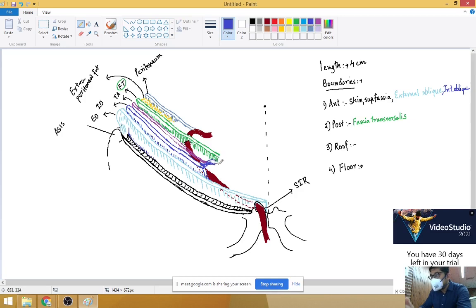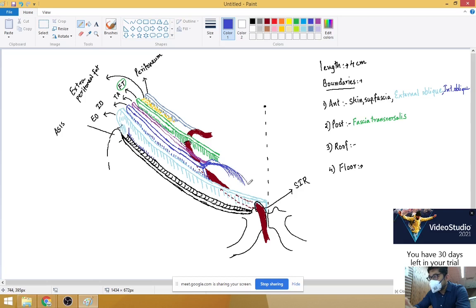Now this conjoint tendon will go up, and again some of its fibers will come to the opposite side. So they are coming like that.